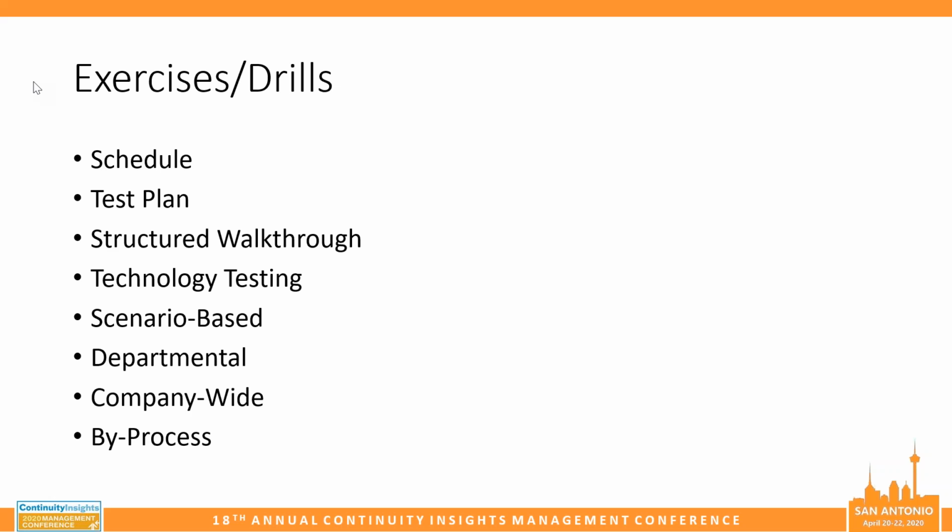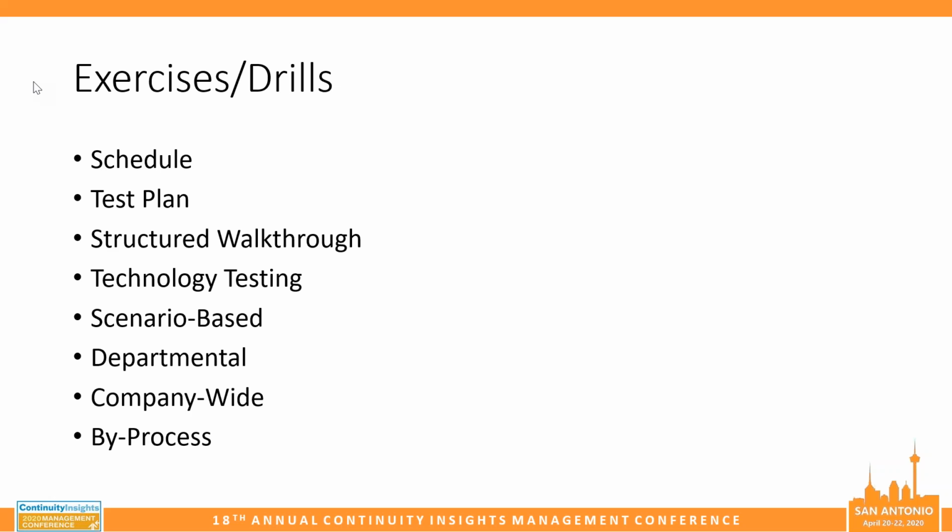This schedule, again, is an annual schedule. And if you already have that in place, you can take a look at it and it will give you input into your training. There should be a schedule. There should also be a test plan. And that test plan talks about the types of exercises that will happen.